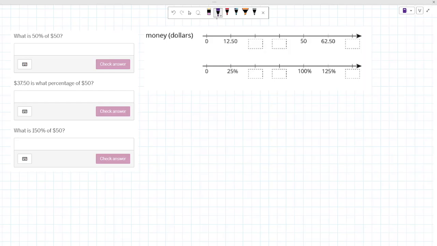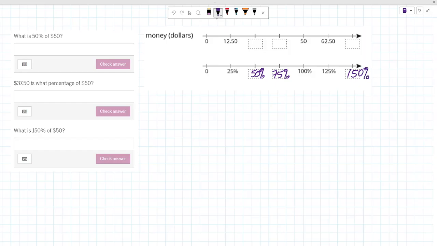So here I have 25%, then 50%, and 75%. Then I go 100%, 125%. Finally, what do you think is going to come next? 150%.